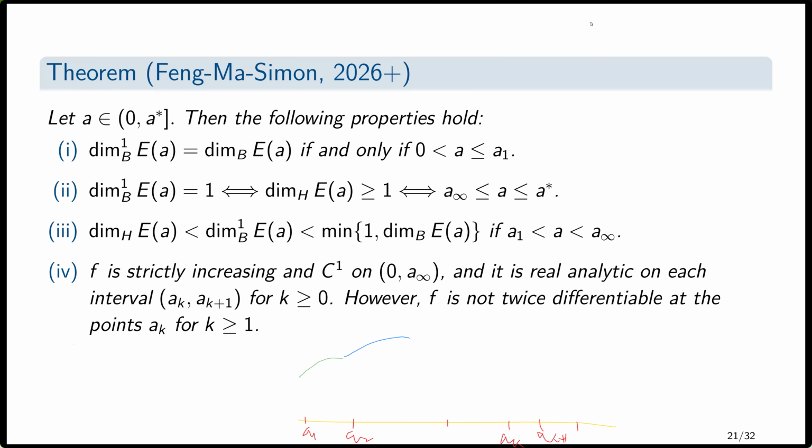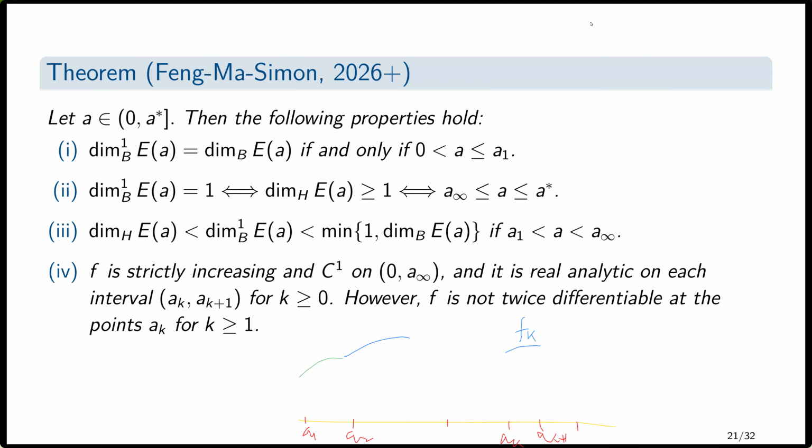this function f k is analytic on an open interval A k to A k plus 1. However, F is not twice differentiable at a point A k. That is the point A k from where we choose different functions.